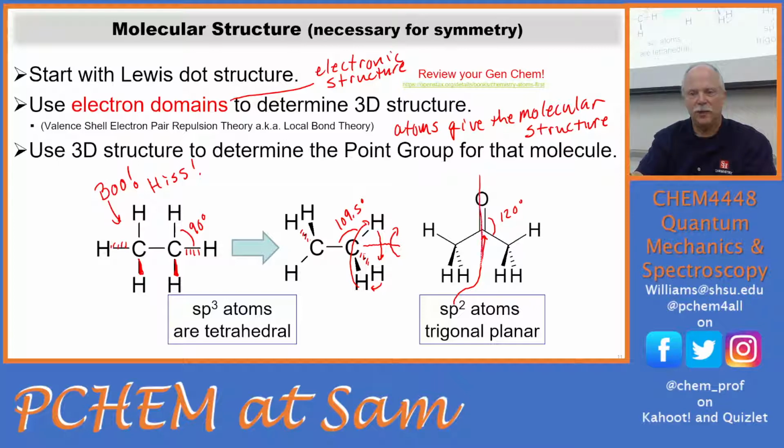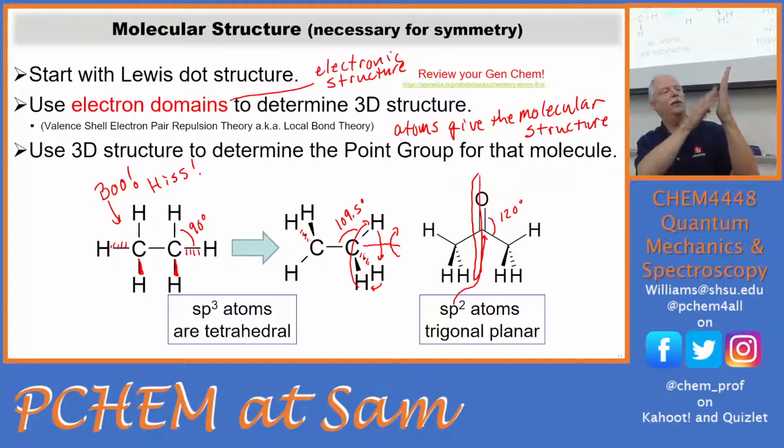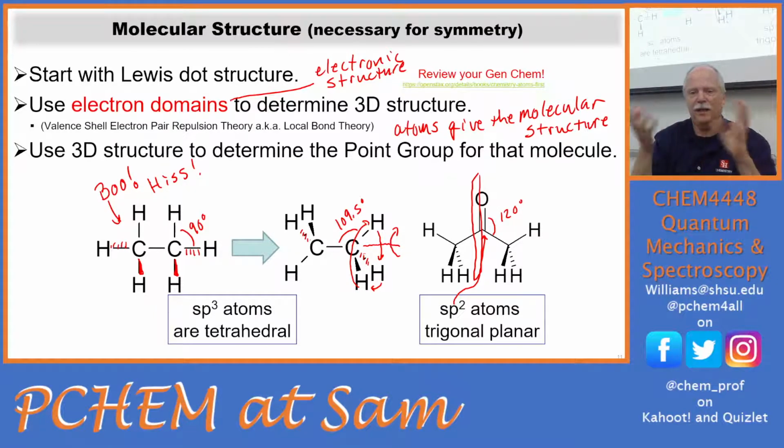Right down the middle, I'm going to kind of draw it like a mirror. If you put a mirror there and you just saw the right half of the molecule, the reflection in that mirror would give you the left half of the molecule. So it's important to draw these accurately, and that way you can see that there's a mirror plane or there's an inversion center and so on.